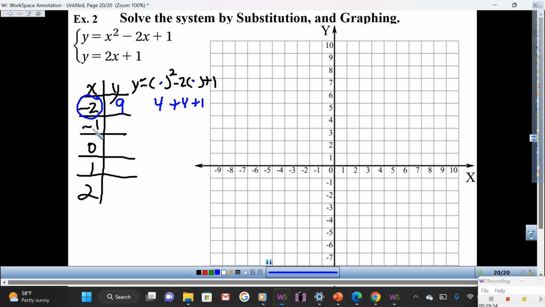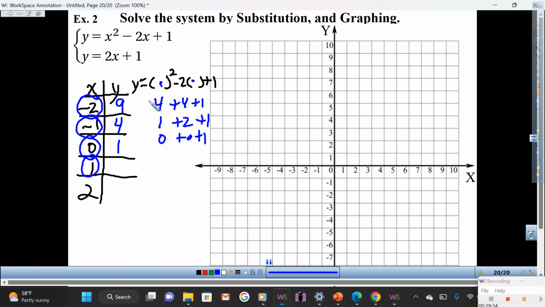Go to the next one. Negative 1. What is negative 1 squared? 1. What is negative 1 times negative 2? 2. Bring down the plus 1, so this is 4. Next value, 0. What is 0 squared? Negative 2 times 0. So that leaves us with 1.